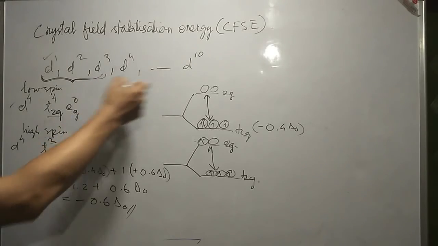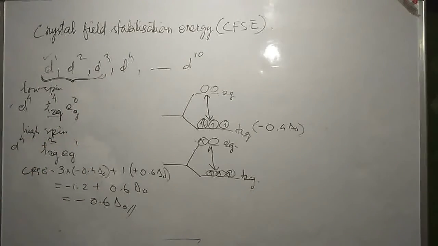But from d4 onwards the stabilization energy, or CFSE value, will be different. So I want you to try the remaining d configurations, and if you can, try even for tetrahedral. This is for octahedral, you try it for tetrahedral also.